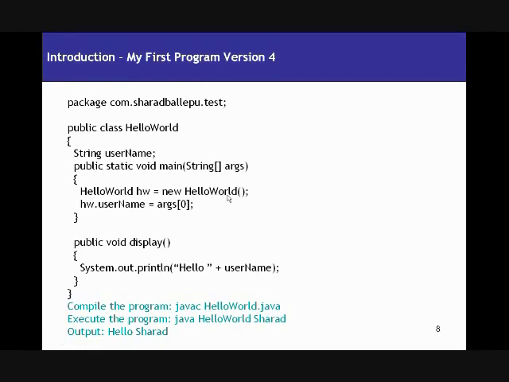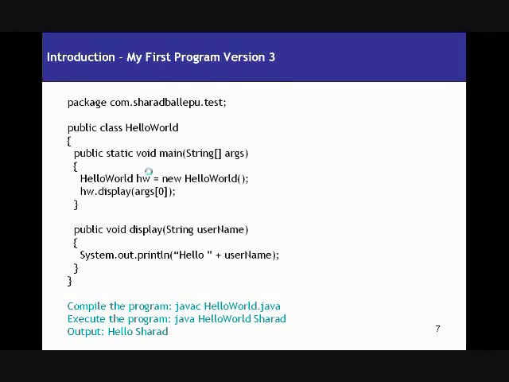Now I've got one more version of my program. So what's the difference now? Earlier I passed the string argument value, that is Sharad, directly to the display method, right?